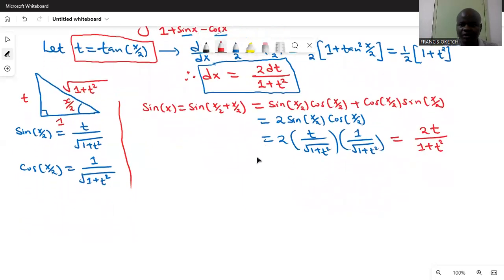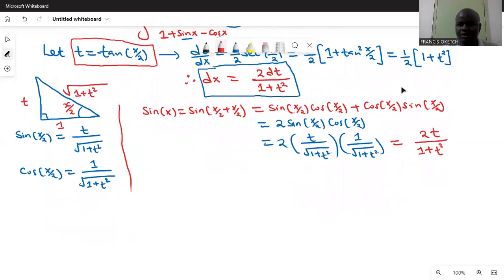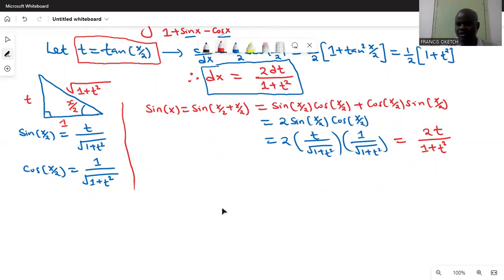Similarly, we can find cos x in terms of t using the identity for cos a plus b.